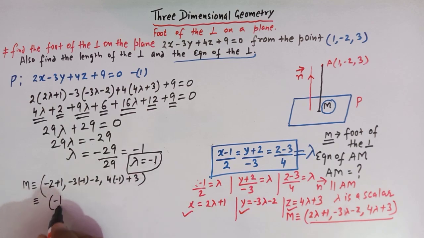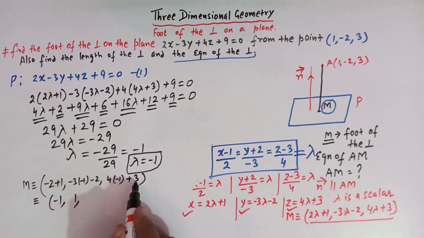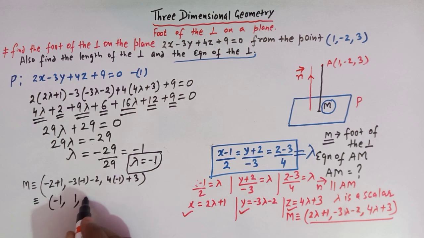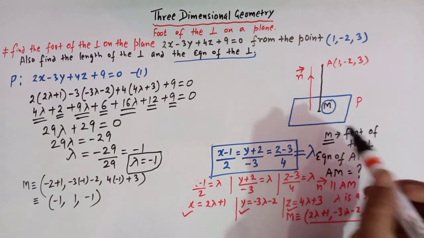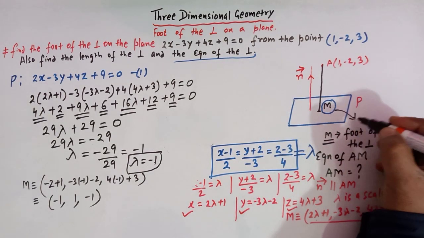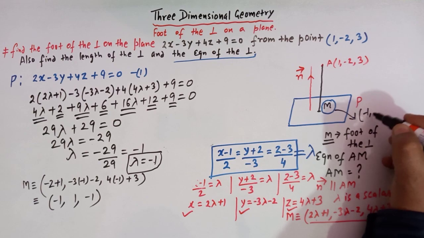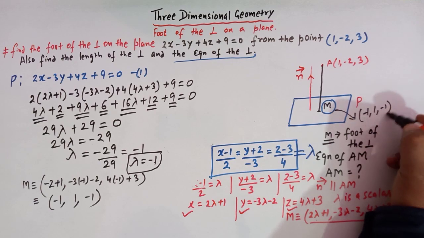So now we have minus 2 plus 1, that is minus 1, here plus 3 minus 2, that is 1, and here minus 4 plus 3, that is minus 1, right? So viewers, the coordinates of the foot of the perpendicular M are given by minus 1, 1 and minus 1, right?